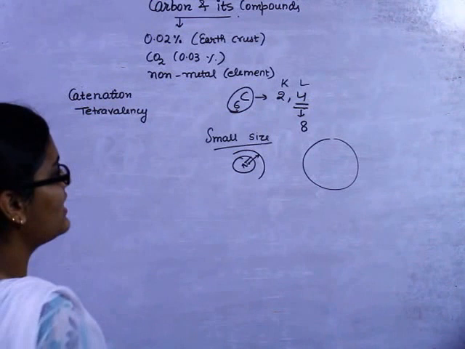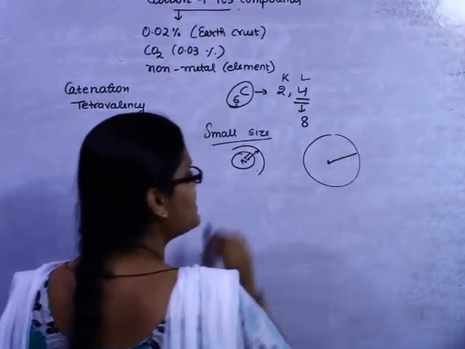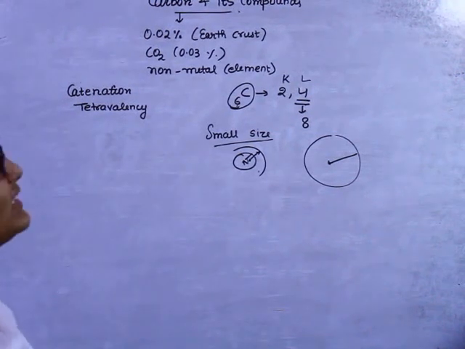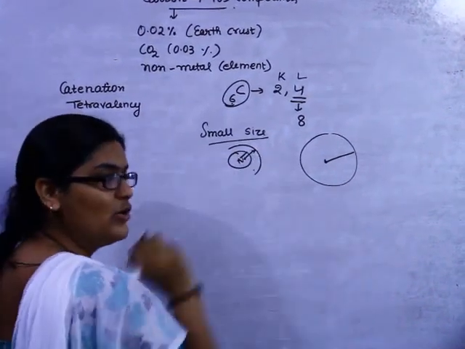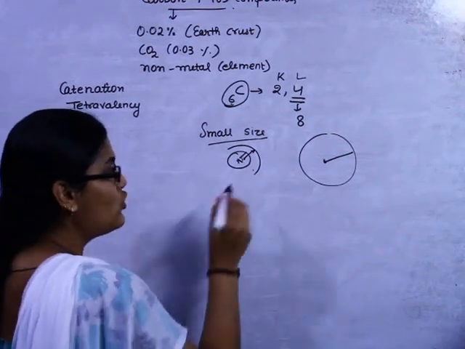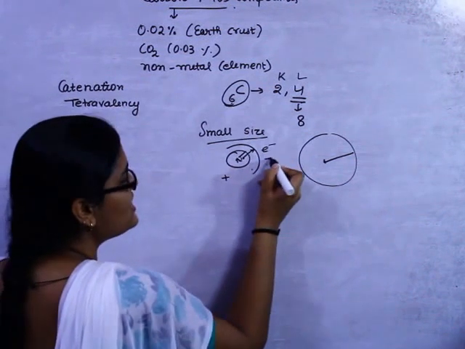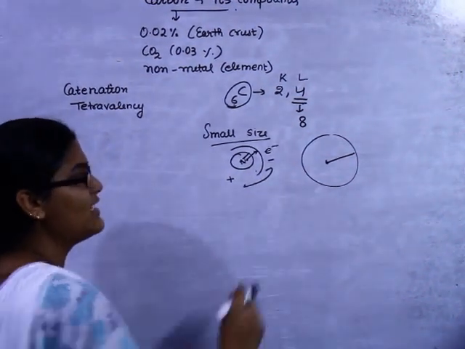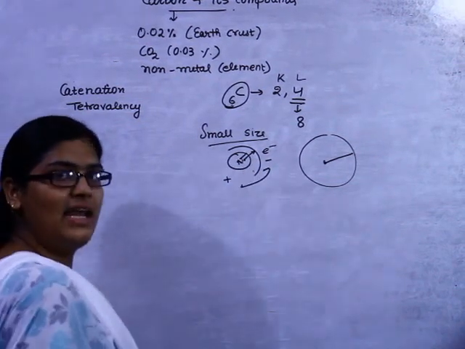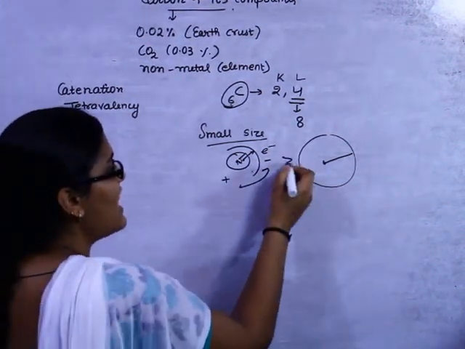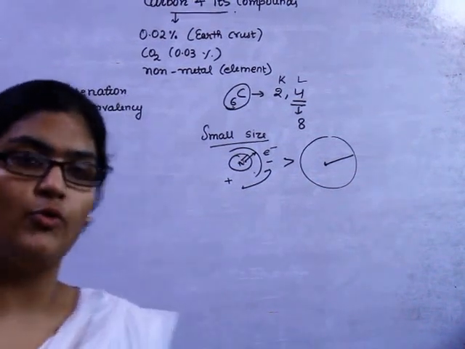So the nuclear force, the attractive force between the positively charged nucleus and the negatively charged electrons, is more in this as compared to the larger atom. So carbon has more nuclear force.